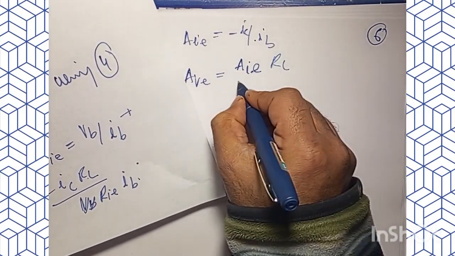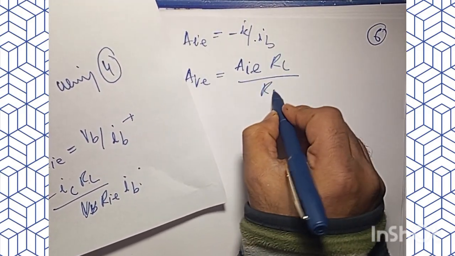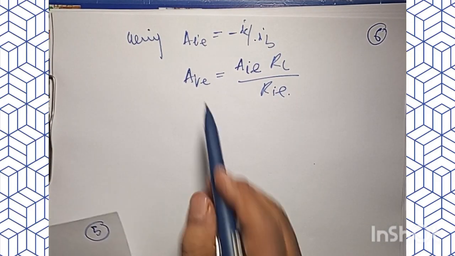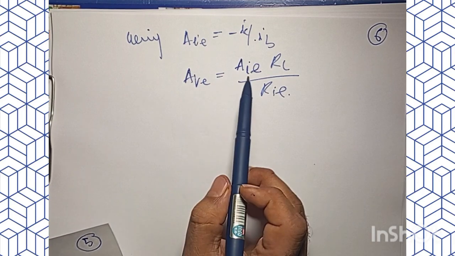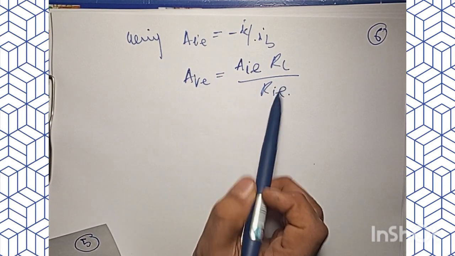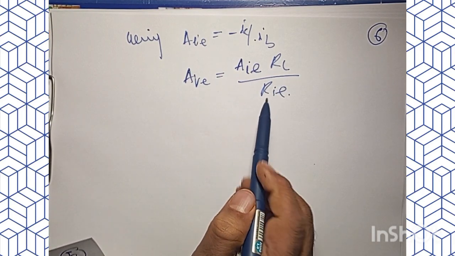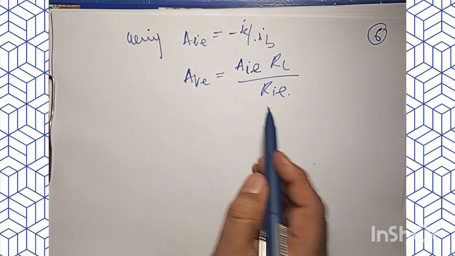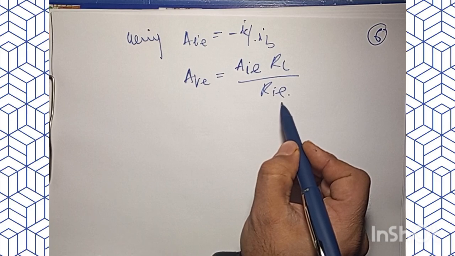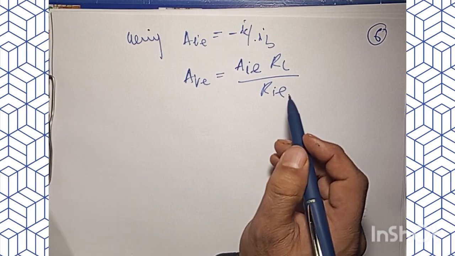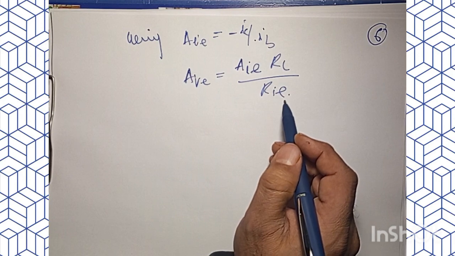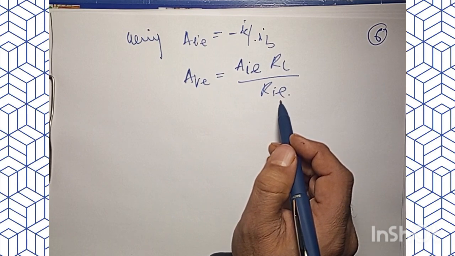So RL is here, divided by RIE. This should be the case, right? So this is my voltage gain in terms of current gain and load resistance and input resistance. Now, what should we do is that we have the value of RIE, and we can substitute that value that we have obtained for RIE in this equation.